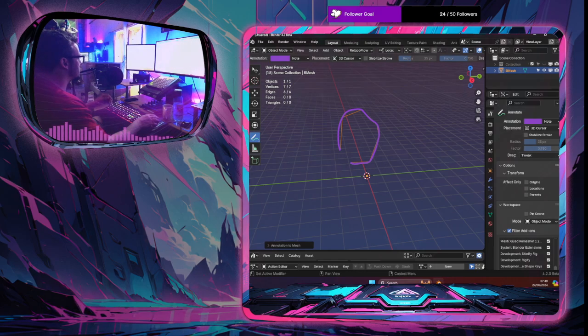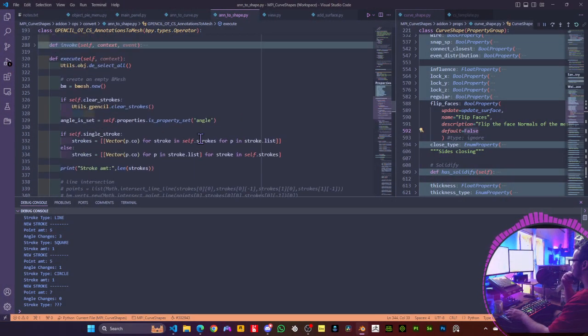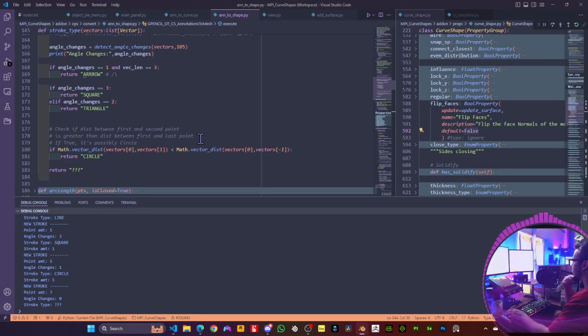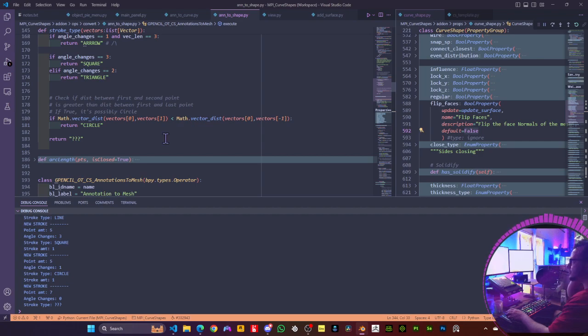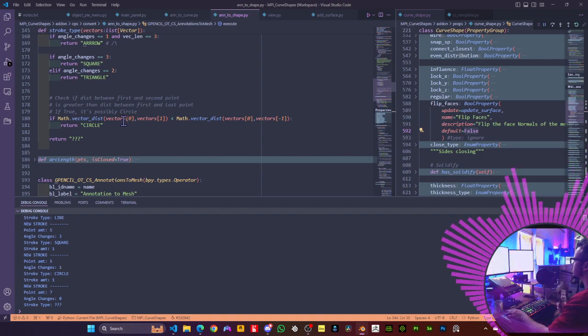Should be a circle. How do I determine circle again here? And this question is wrong, is it? So the distance between vector 0 and 1 is not smaller than 0 and the last one?